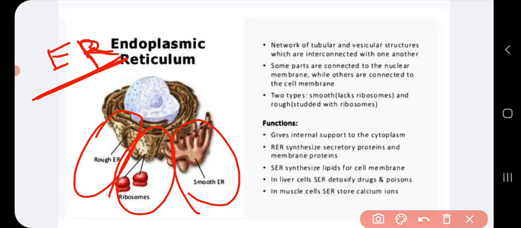Their function is to give internal support to the cytoplasm. The RER, rough endoplasmic reticulum, synthesizes secretory proteins and membrane proteins.